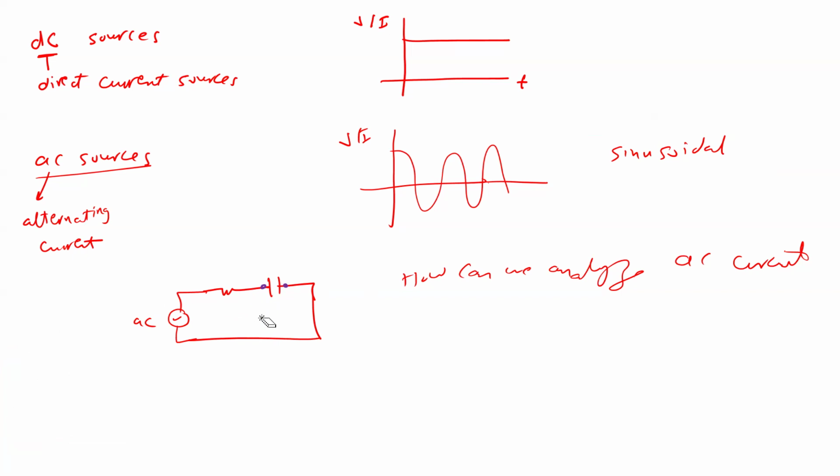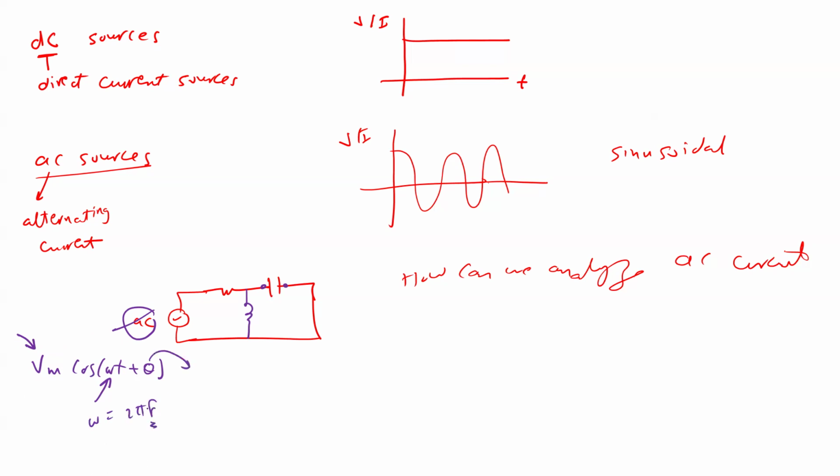One more thing here. If the source is, for example, Vm cosine(omega t plus theta), as I'm going to explain in detail, it has an amplitude, or maximum value, Vm. It has omega t, where omega is actually 2 pi f, and f is the frequency.